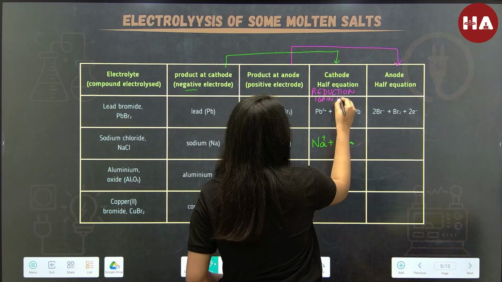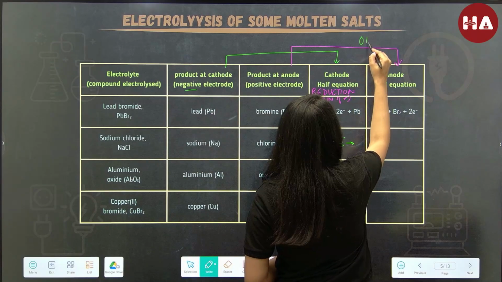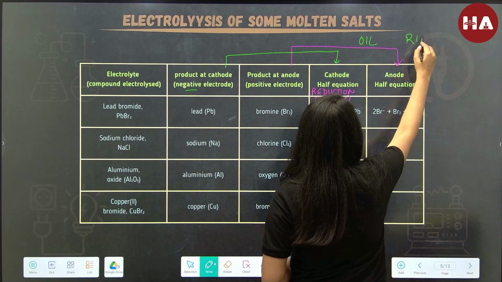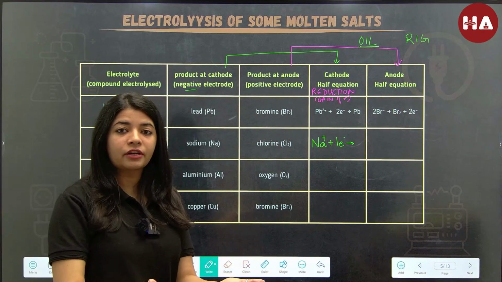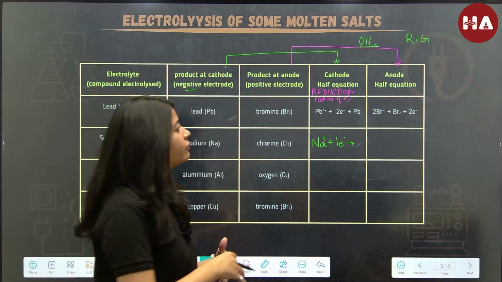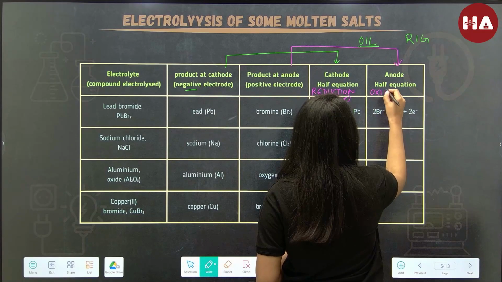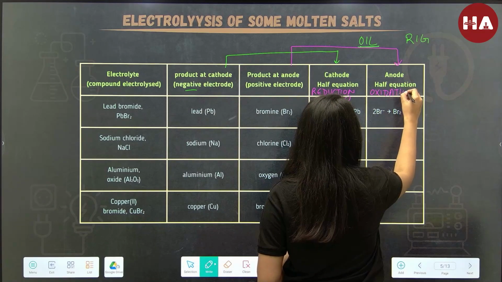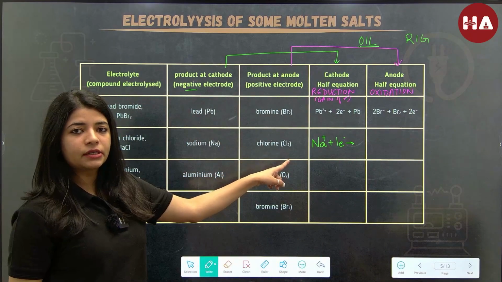And how will you remember this? By that mnemonic which I told you, OIL RIG, which means oxidation is loss of electrons and reduction is gain of electrons. And the anode half equation is nothing but your oxidation. Oxidation means loss of electrons. So over here for this particular example, how will we complete this table?